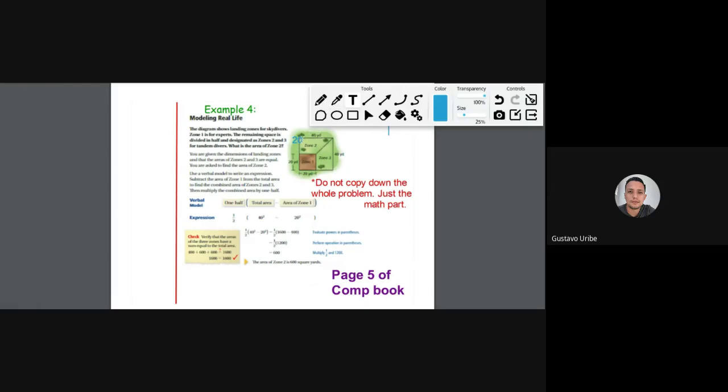To find the area of this rectangle, I'm going to multiply the base times the height. So I'm going to do 40 multiplied by 20.